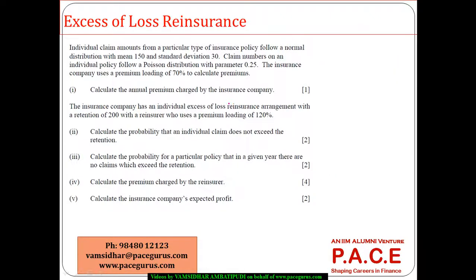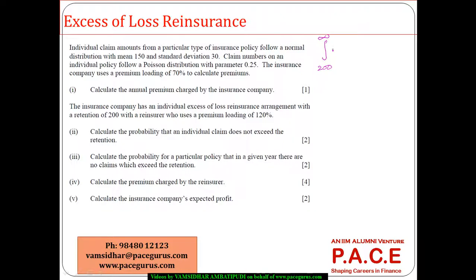Okay. If that is the case, I really want to know what is the premium that is charged by the reinsurer. First of all, if I have to talk about the premium that is charged, I have to find out the expected claims. Right? So the claim which has to be paid by the reinsurer, if I am looking at the claim amount which is paid, I am integrating it from 200 to infinite.